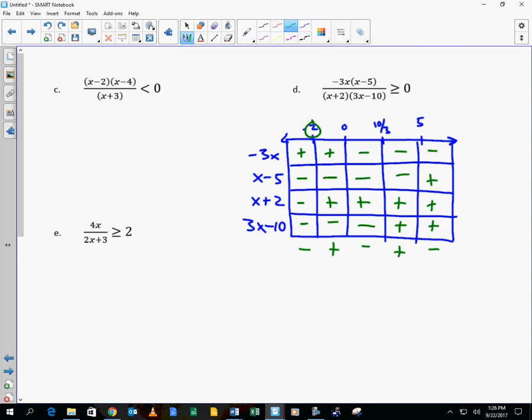So I know that I'm looking here and here, right? Now, it's an equal sign. So should I have open circles or closed circles? Closed. Except I only fill in those two. I don't fill in the other two.